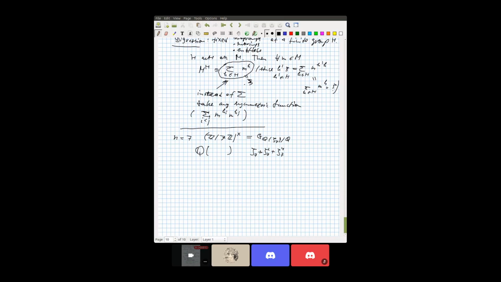We want an element that is a sum of two powers of zeta, because we have only two elements in our group. So it's zeta 7 plus zeta 7 inverted.